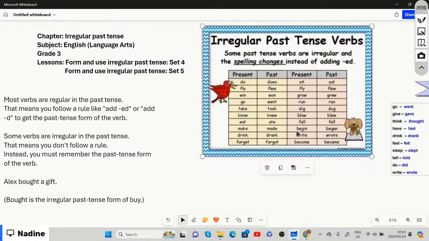And if we look at a few examples of irregular past tense verbs, there's the present tense verb as well as the past tense verb.